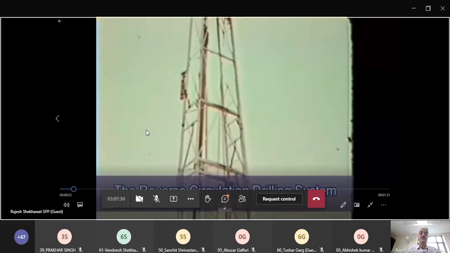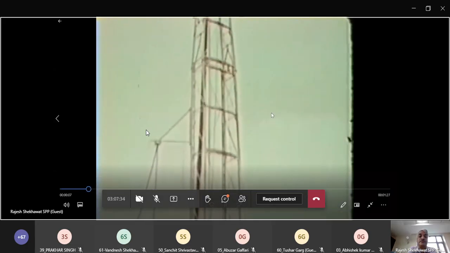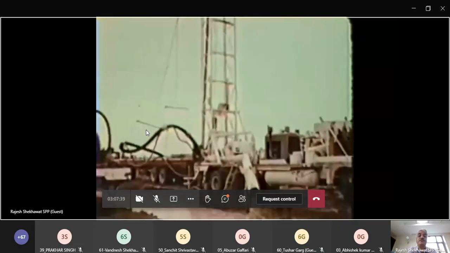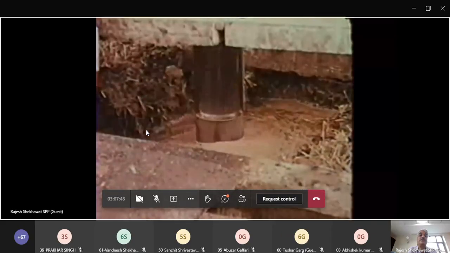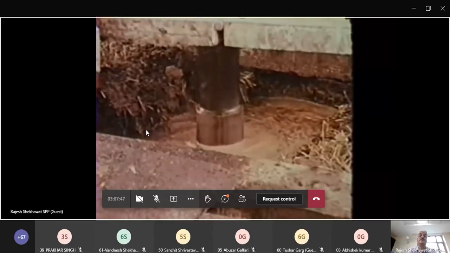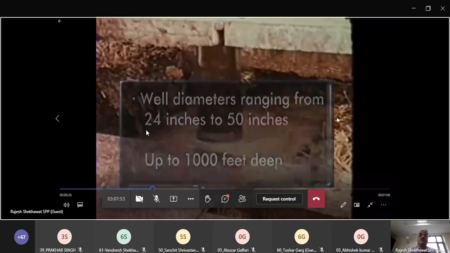The reverse circulation drilling system is like any of the other systems profiled, in that it is a very large rig, requiring a big footprint for both the rig itself as well as the machine-dug settling pit. These rigs are primarily associated with drilling large diameter wells in unconsolidated material, ranging from 24 inches to 50 inches in diameter and up to 1,000 feet deep.